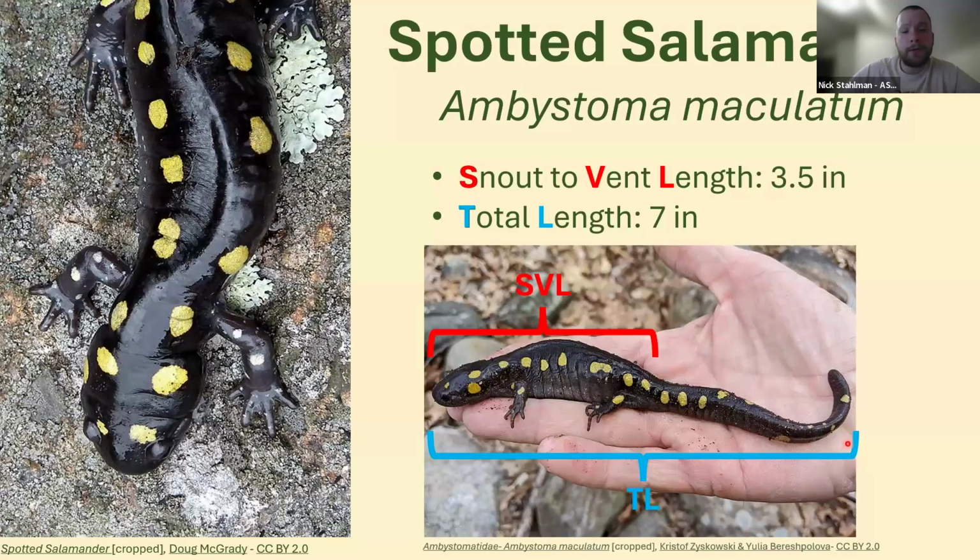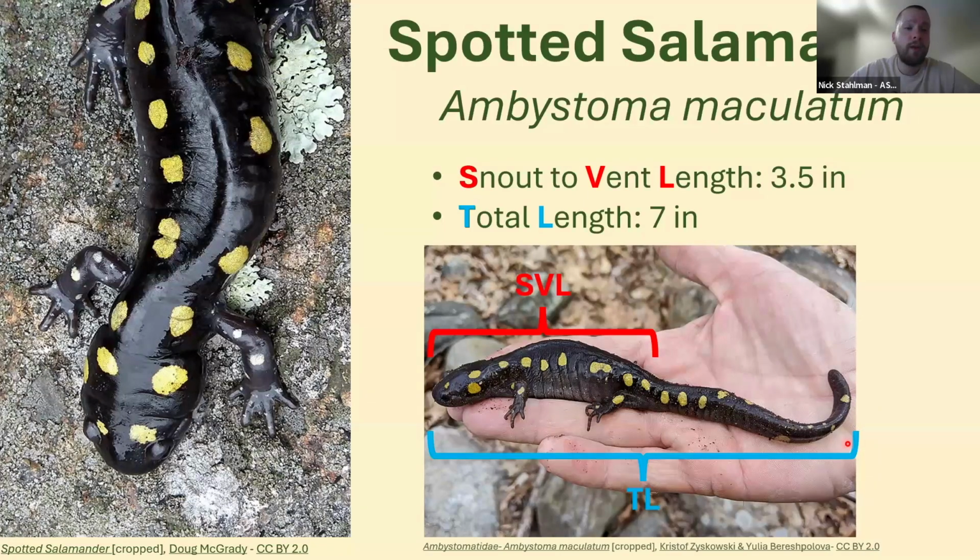Now, why would we want 2 separate measurements? Well, salamanders can sometimes drop their tail or injure their tail, or mainly in research, in those mark and recapture studies, if a scientist picks up a salamander, sometimes they will clip off a little bit of the tail for DNA. It's going to grow back, and that's one of the reasons why salamanders can break their tail.